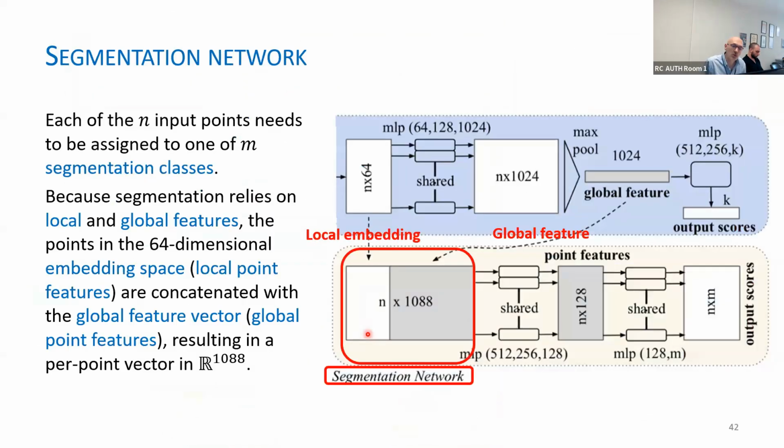Then we can have a look at the way the authors try to solve the problem of segmentation. Basically, what they do is a combination of a local embedding and the global embedding.